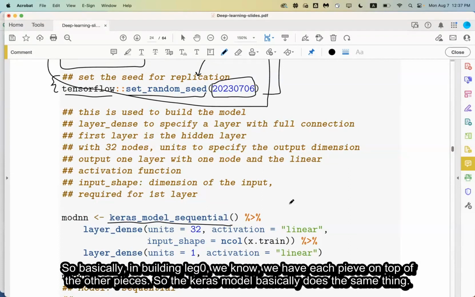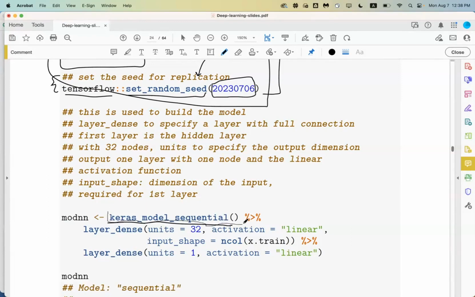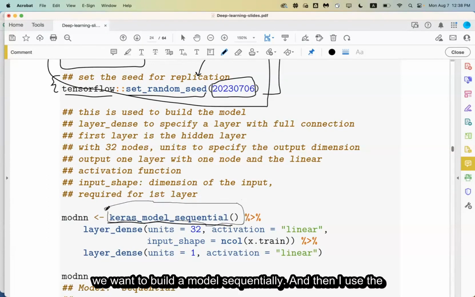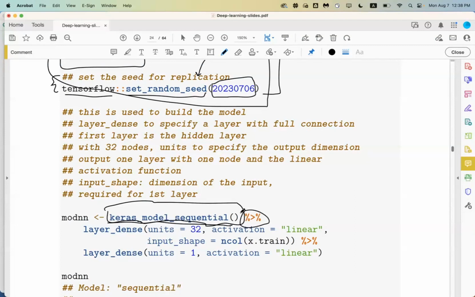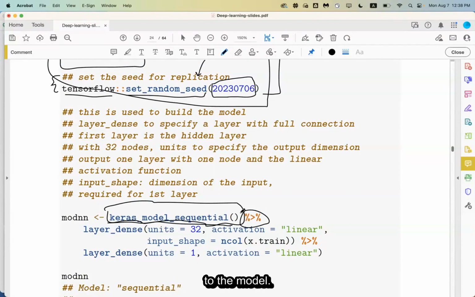In building Lego, we add each piece on top of the other pieces. The keras model basically does the same thing. We add different layers to this model. So we start from here, which means we want to build a model sequentially. And then I use the pipe operator. Pipe operator means I can keep adding code to the model.